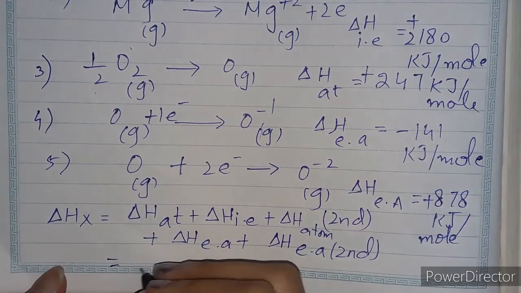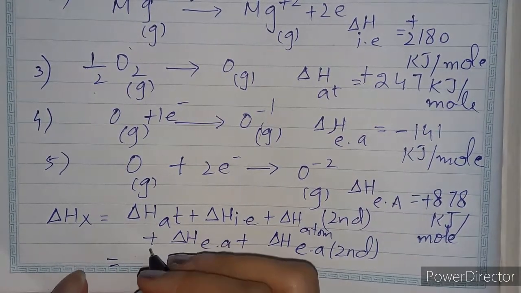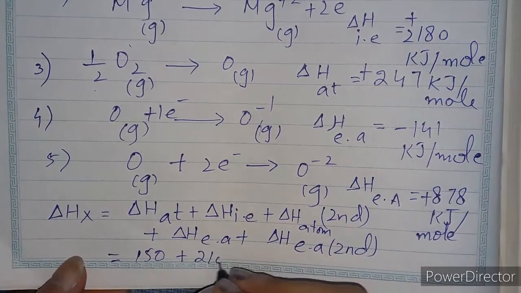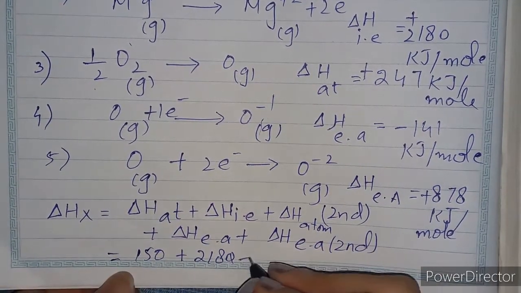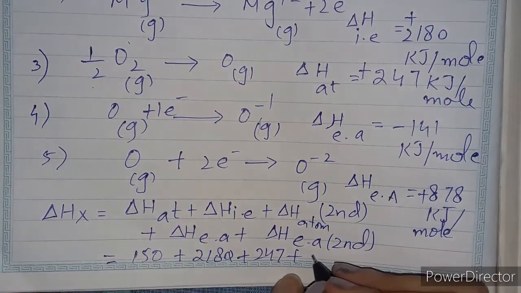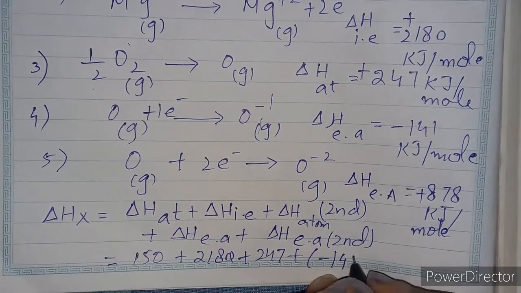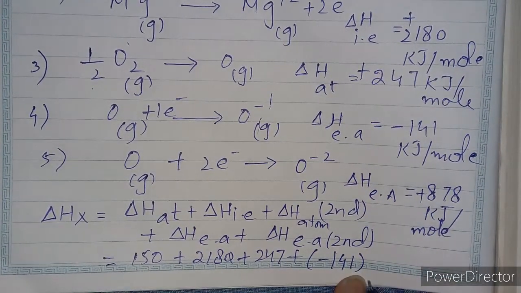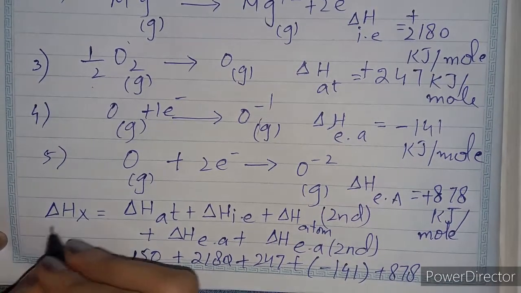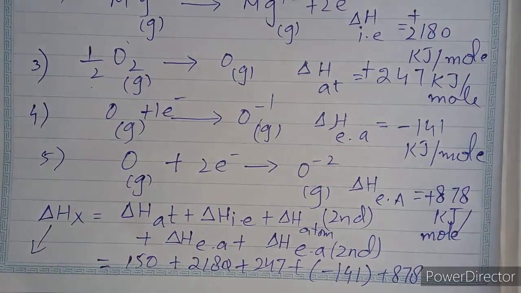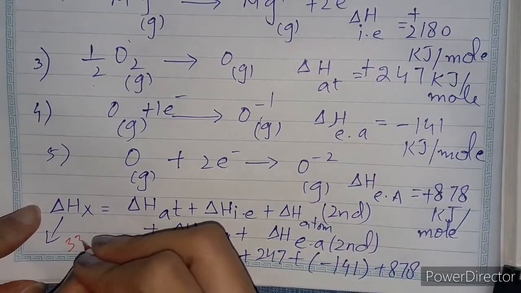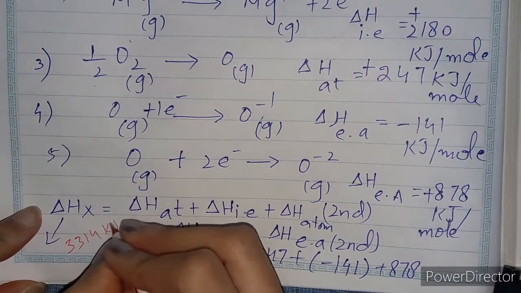Putting the values, 150 plus 2180 plus 247 plus, here is minus, exothermic reaction, this is plus 878. So we get the value 3314 kilojoule per mole.